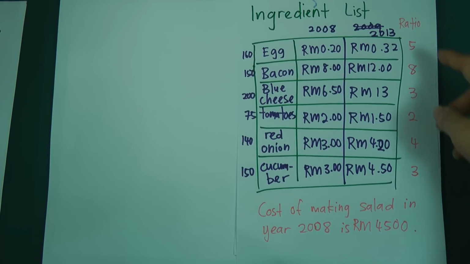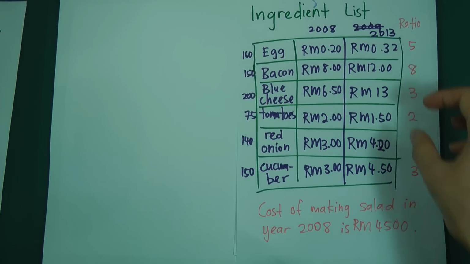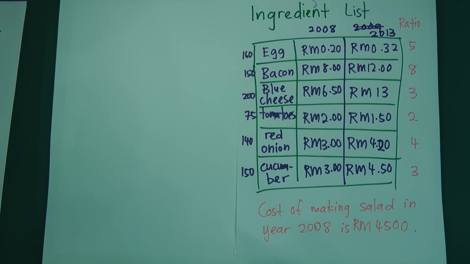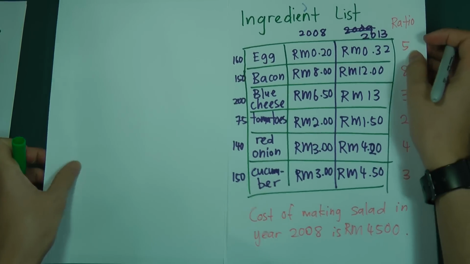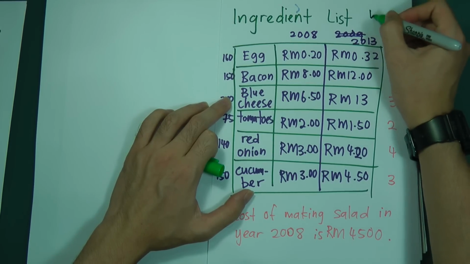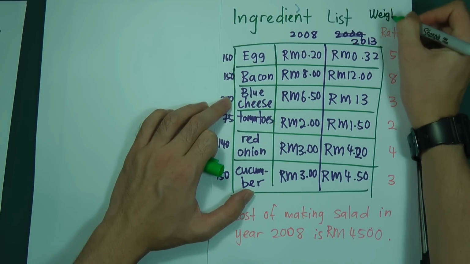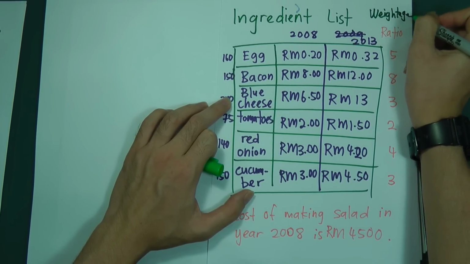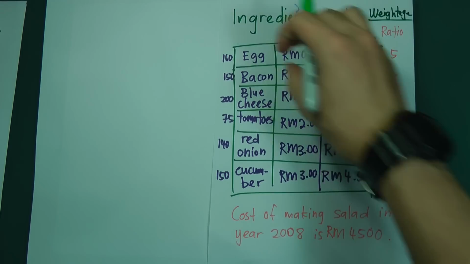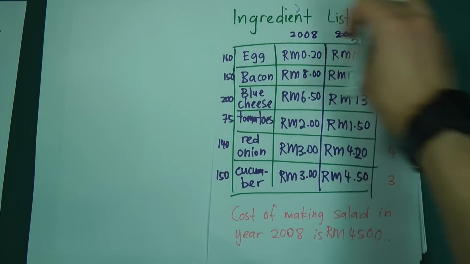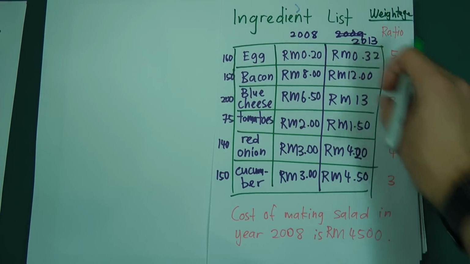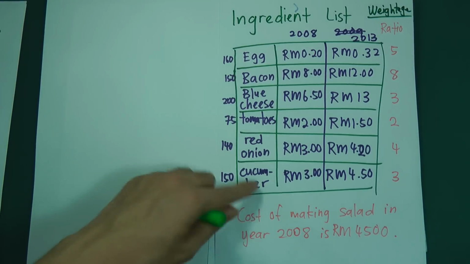So the ratio over here is the weightage, which is very important, because most of the time they won't tell you it is a weightage, but you have to understand this is what they call weightage. It means how much they're going to use for item A, how much they're going to use for item B, and so on.